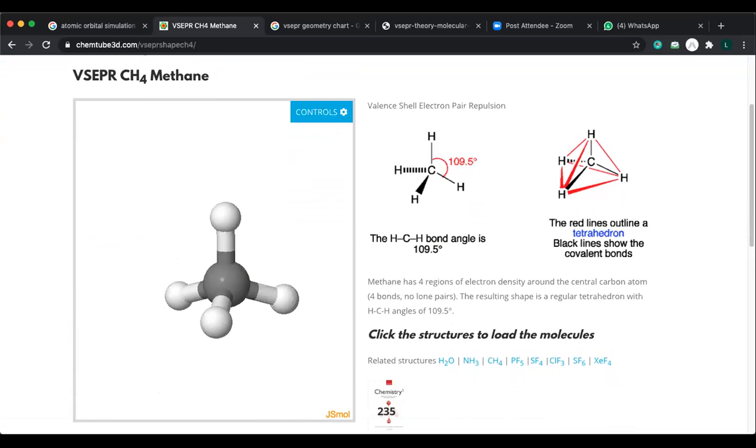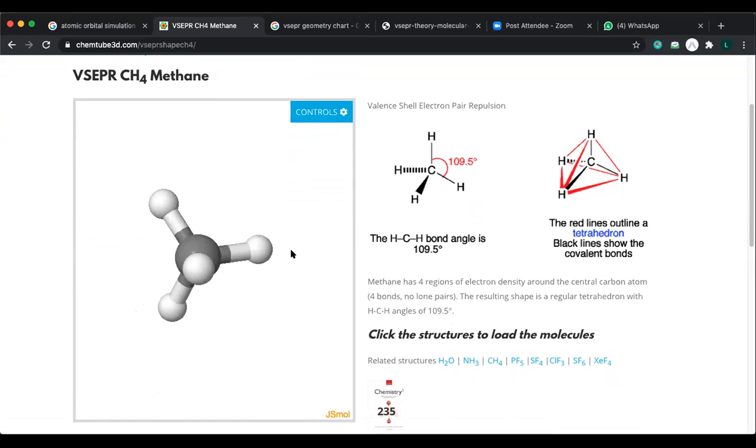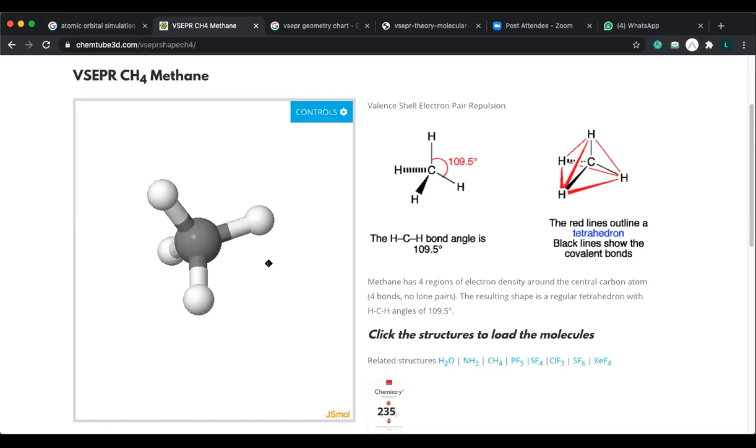This is what a tetrahedron looks like. You have one on top and three on the bottom. If I rotate it such that any one of them is on top, it's still going to look the same.